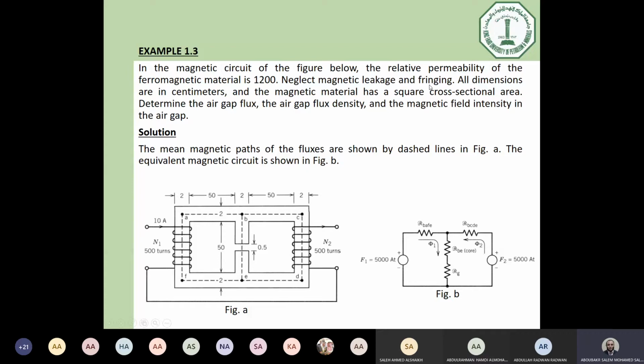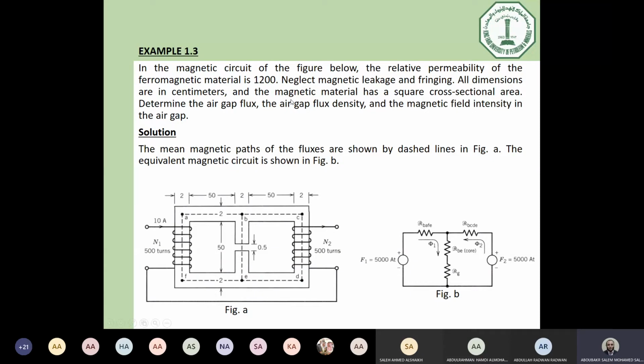So we will assume for all of time that the flux which is going to move from core to core through the air gap will be the same. So similar cross-section area for air gap and core, and same value of flux and flux density. All dimensions are in centimeters, so we need to convert to meter, don't forget, during calculation.